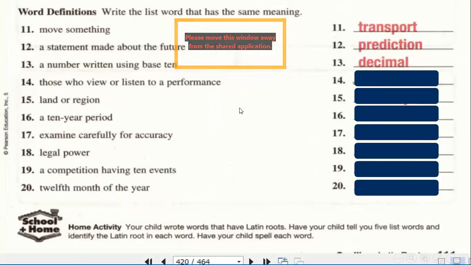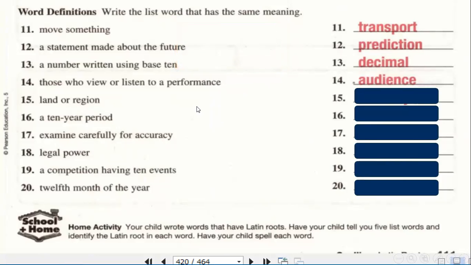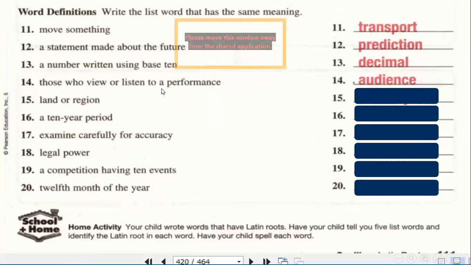You can answer it. Those who view or listen to a performance: audience. Yes.